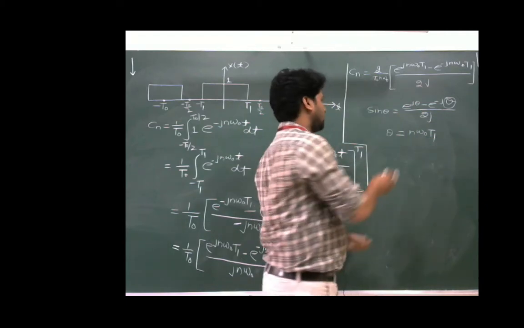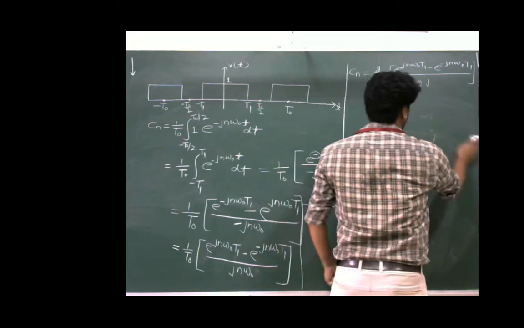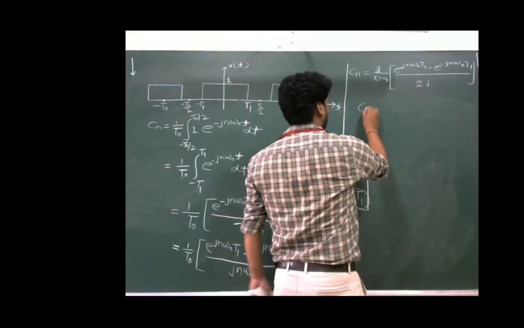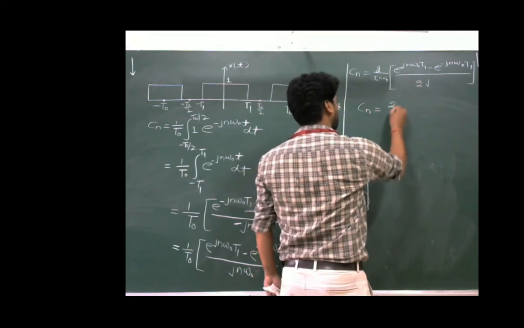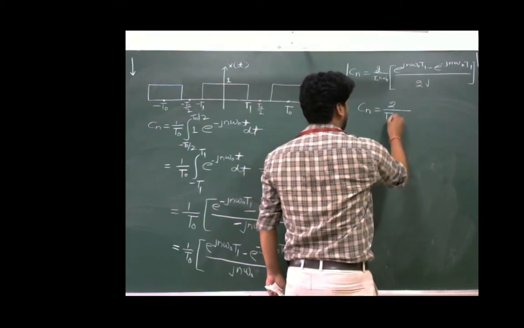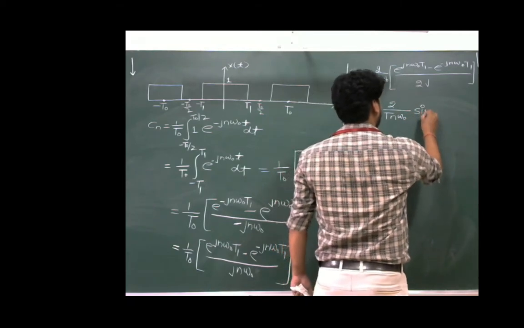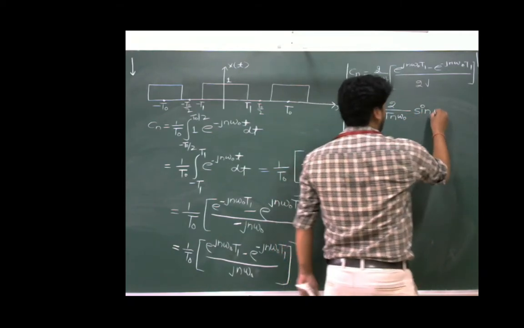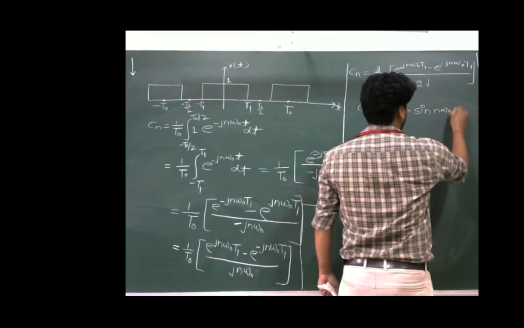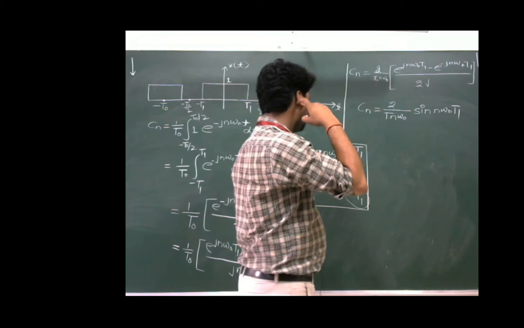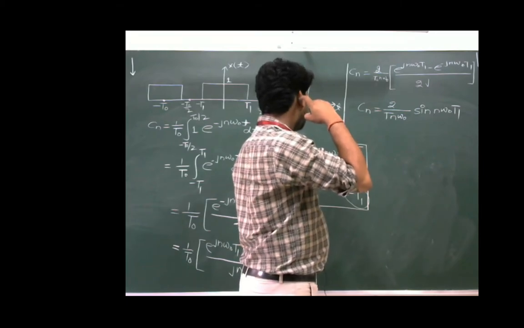So I will write this value of Cn in the form of a sinusoidal signal as Cn is equal to 2 by t n omega naught into sine of n omega naught t1. This is what we will get from here.